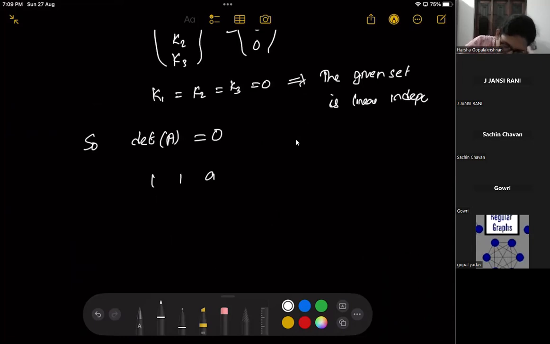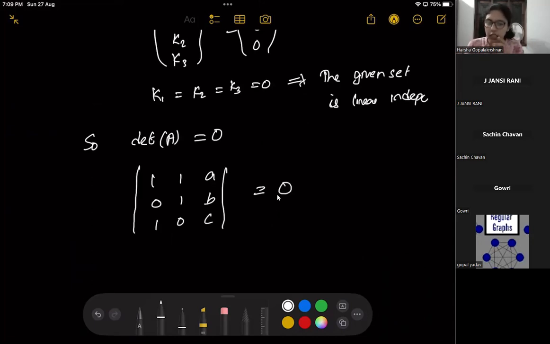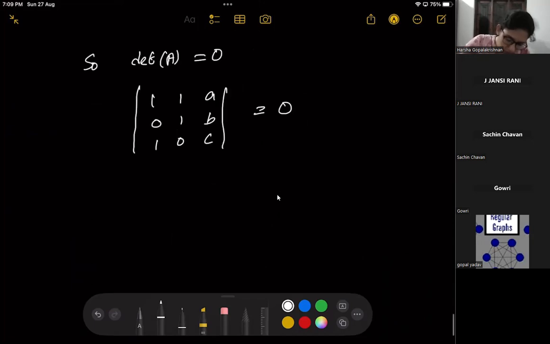So what we need to find is the condition on A, B, C such that this determinant of the matrix A is 0. Now we can just see the determinant. So whatever the condition we are obtaining, that will be the condition for the linear dependence of the given vectors. Okay. So we will just write it as 1 into C minus, okay, I'm just finding the determinant.